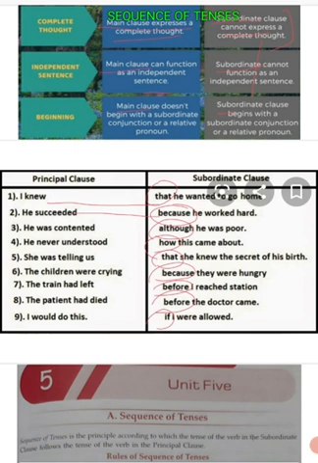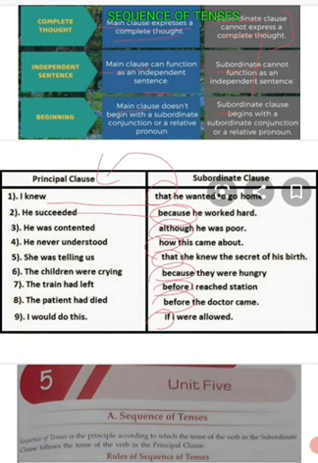Some are subordinate conjunctions and some are relative pronouns, which make the sentence dependent on the principal clause for its complete meaning. Clear? And now in our topic, that is unit 5, the sequence of tenses, we are going to learn that, first of all, you can see in the principal clause.